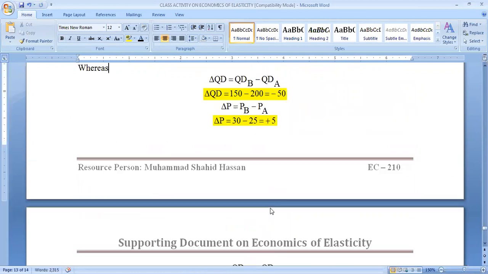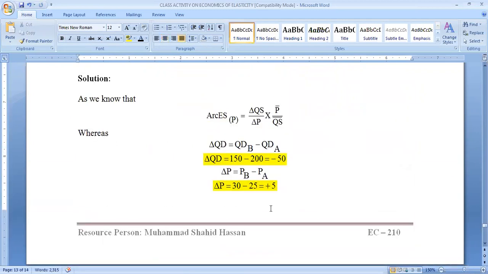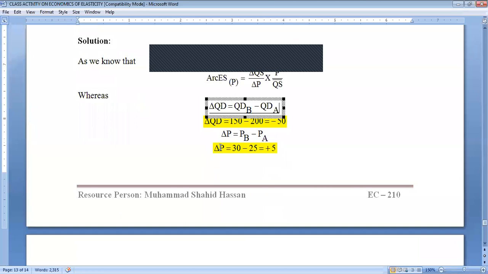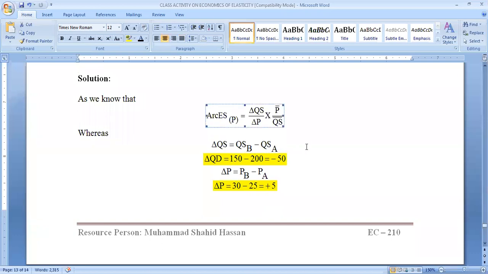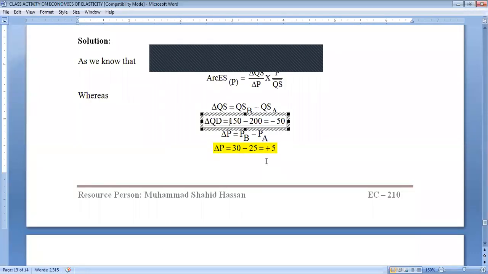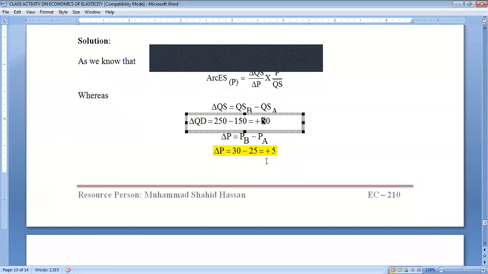Let's begin the solution. As we know, the arc elasticity of supply with respect to price is equal to delta QS over delta P multiplied by P bar over QS bar, whereas delta QS is the first component, which is equal to QS at point B minus QS at point A. Subtracting 150 from 250, we obtain plus 100 as delta QS.